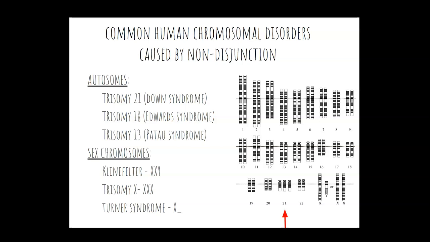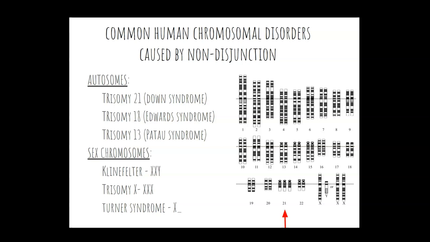Trisomy X is where there are 3 copies of the X chromosome. In that case, typically you'd end up with 2 bar bodies forming in each cell. Turner syndrome is called monosomy, and that is where you only have an X chromosome. You don't have an extra Y chromosome or an X chromosome.